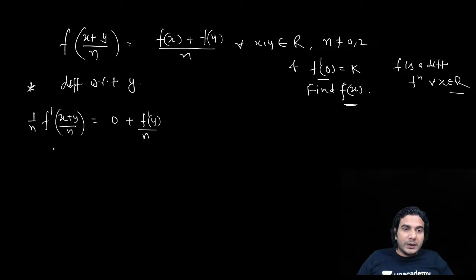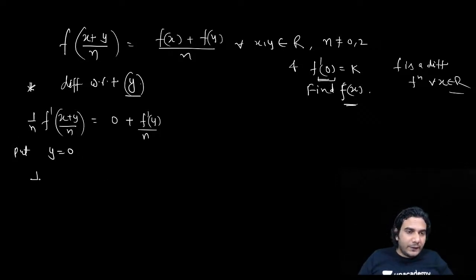Now, as I told you, the variable with respect to which you are differentiating, you need to put that variable equal to some constant whose derivative at that point is given. Like f dash of 0 is given. So you need to put y equal to 0 in this. Because the remaining variable is x, keep it x only.